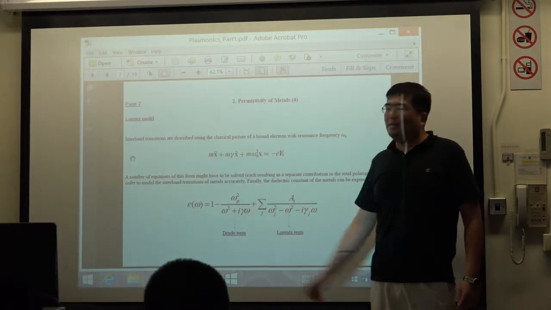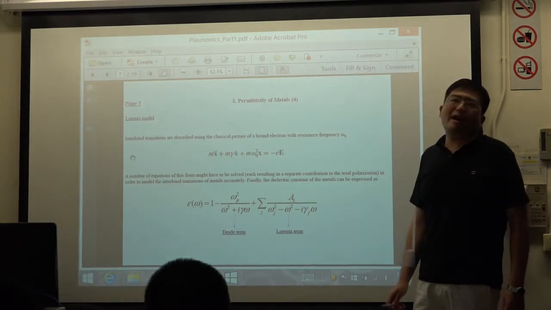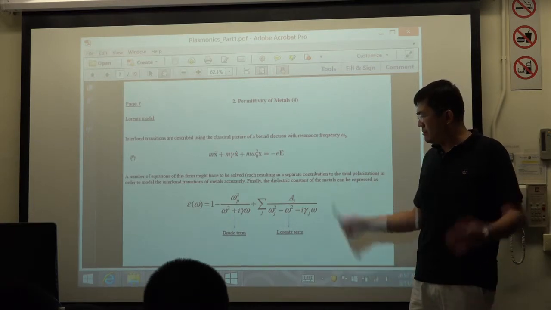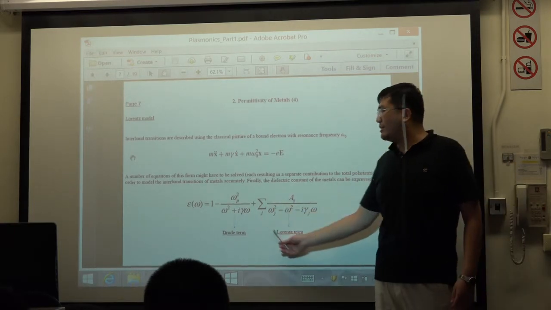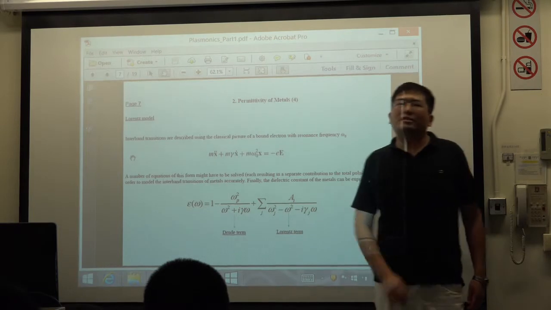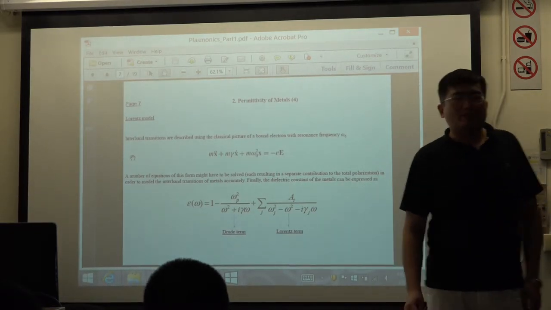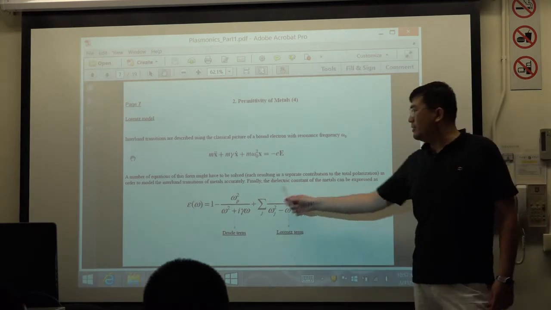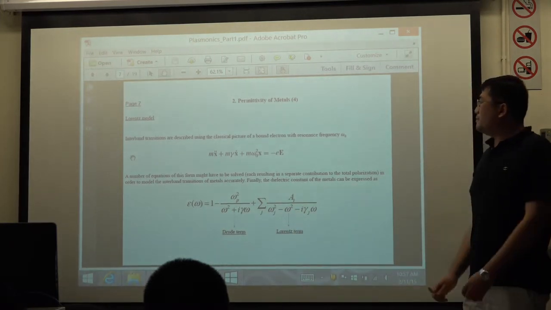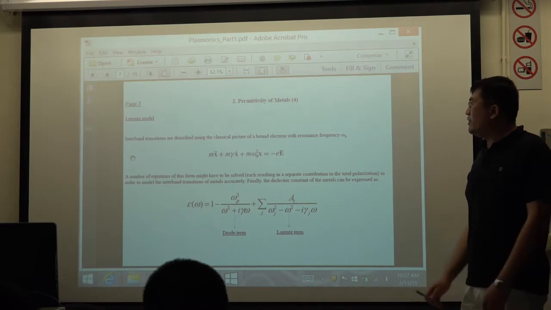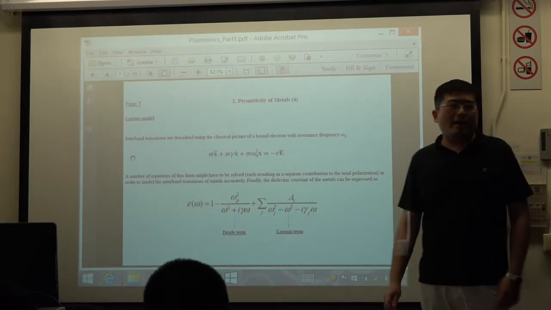There are typically many such terms, for III-V materials too, and they capture the interband transition. The parameters should be fit to the experimental results. It's a Lorentz term. So this is the full picture of the permittivity of the metal.